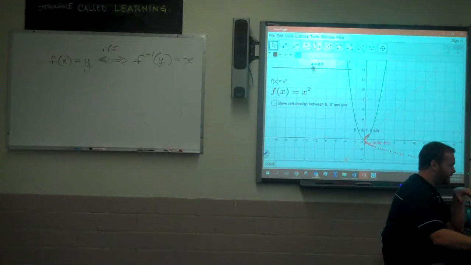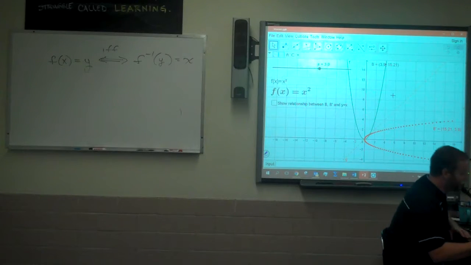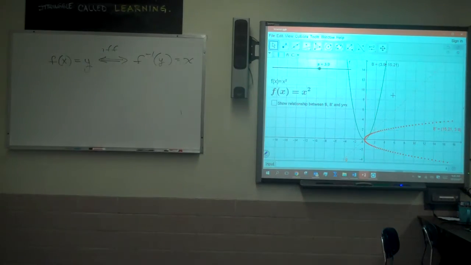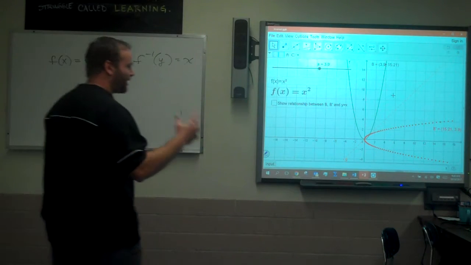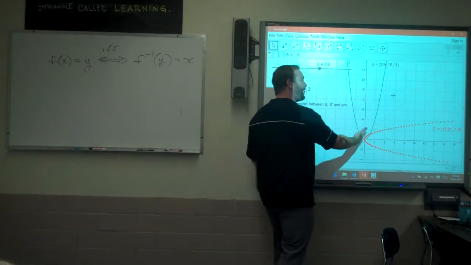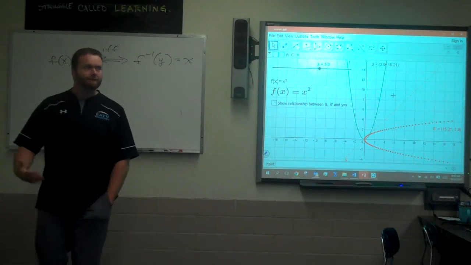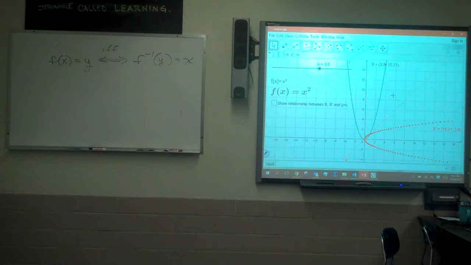So if I kind of trace that out, we get that image there, right? Now the problem with this image, one, the graph of x squared is not 1 to 1, right? And because it's not 1 to 1, when I find what I think may be the inverse graph, what test does that inverse graph fail? The red one's going to fail the vertical line test, right? Okay. Therefore, the red one is not a what?